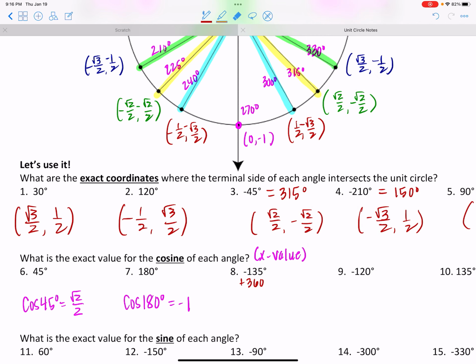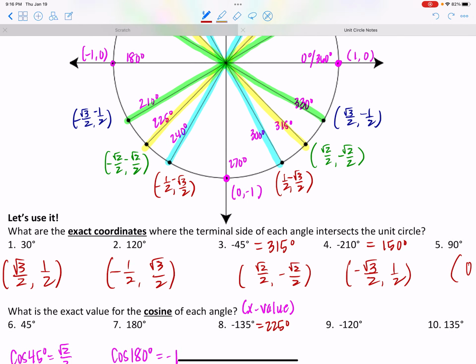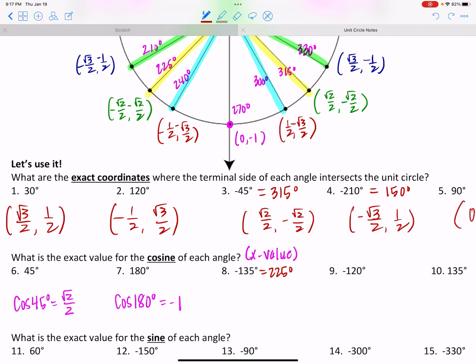So the coterminal angle, the same angle we're looking at, is 225 degrees. So if I go to 225, which again is negative 135, my cosine, my x value, is negative radical 2 over 2. So we would say that the cosine for negative 135 is the same as the cosine for 225. Again, that's that negative radical 2 over 2.